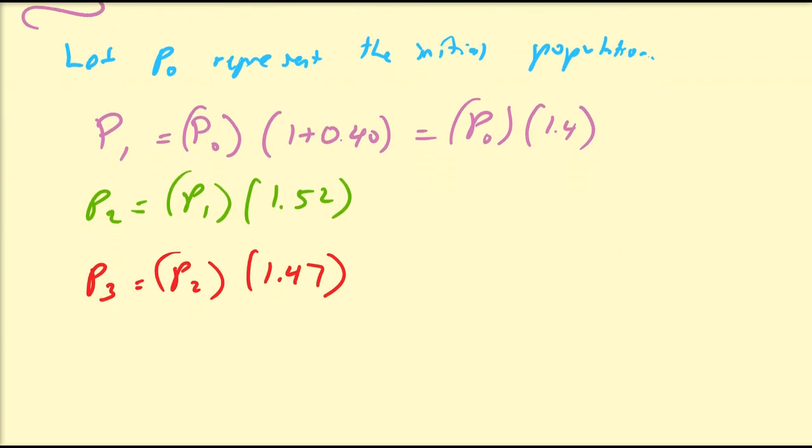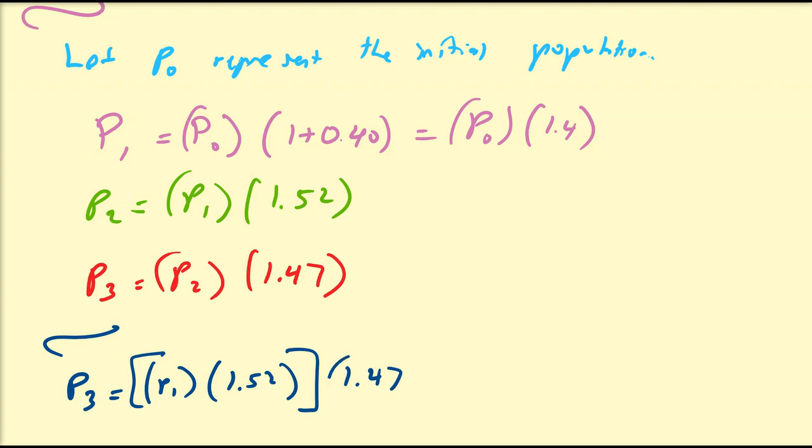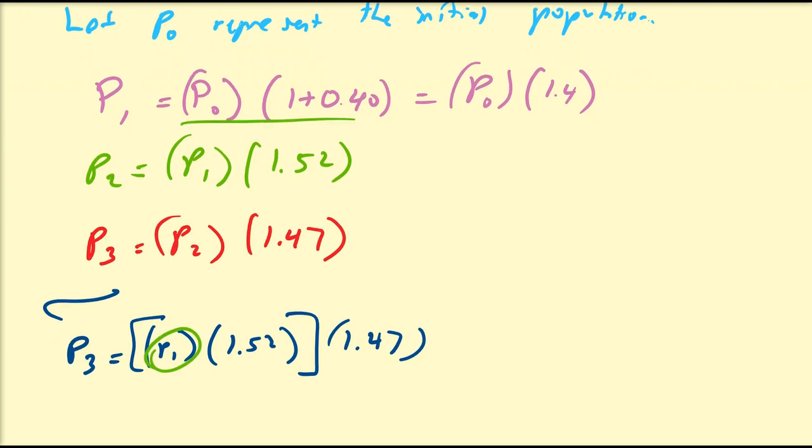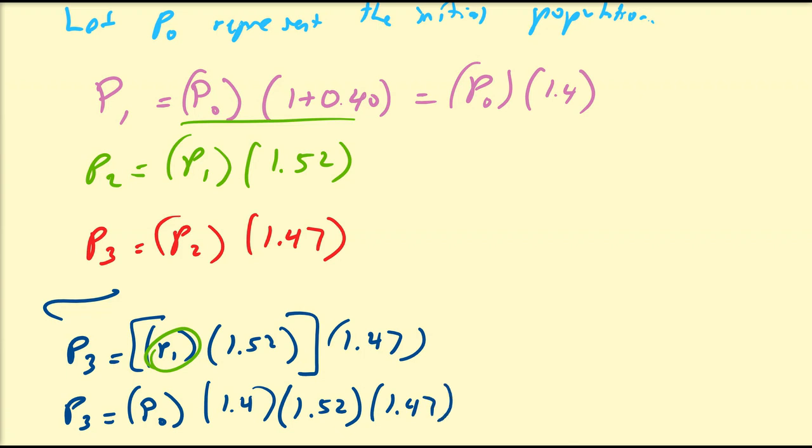We can nest these: P2 is just P1 times 1.52, and then P3 is P2 times 1.47. Replacing P1 with its definition, P3 is equal to P0 multiplied by 1.4 times 1.52 times 1.47.